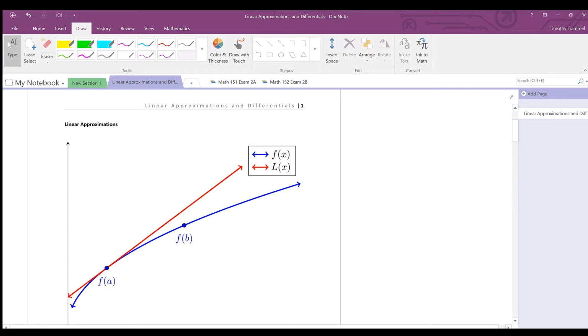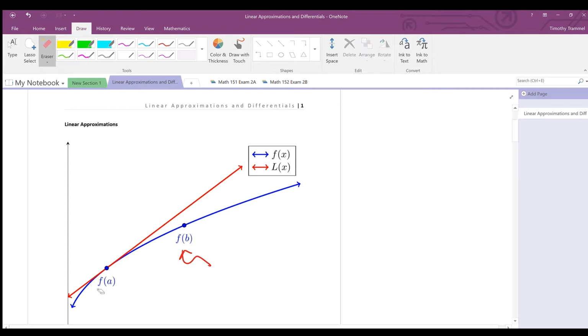Now, the way that we're going to use this is it's going to help us approximate the function f of x at points that are close to x equals a. We'll write some of this down in a minute, but let's try and visualize this. Let's say that this blue curve, it was really hard to evaluate f of b, because maybe we're working with some irrational number, and maybe some function that's just not easy to work with.